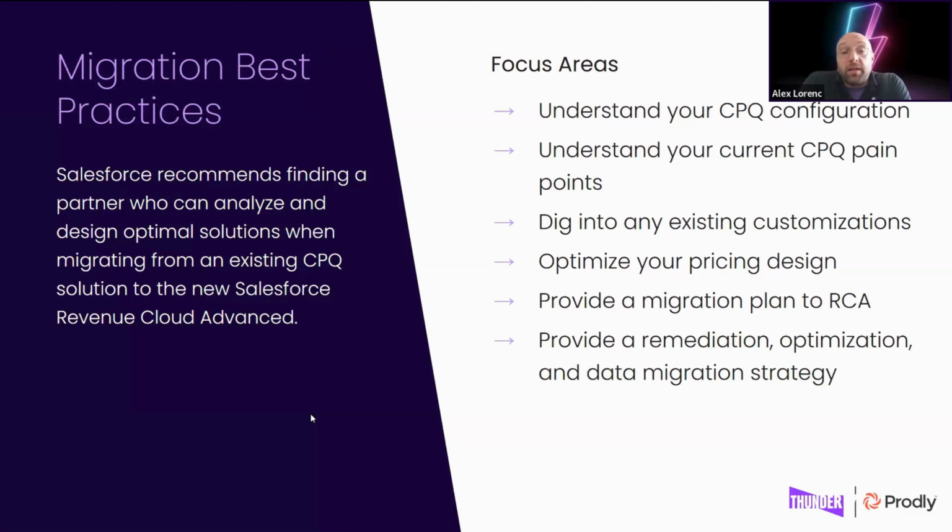But inevitably, there's going to be some analysis that needs to be done. We're going to want to look at your current state. We're going to want to examine what your future state goals are, and this sort of migration, this sort of step, is always a good time to optimize. Since you're changing your technical solution, it's a good time to optimize process as well.